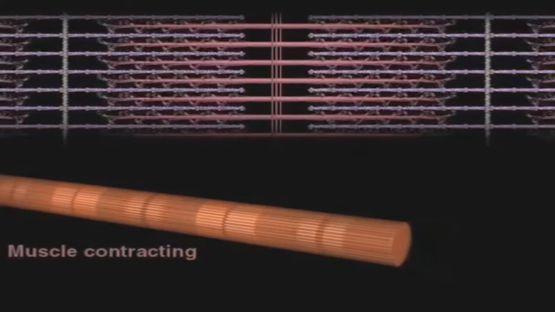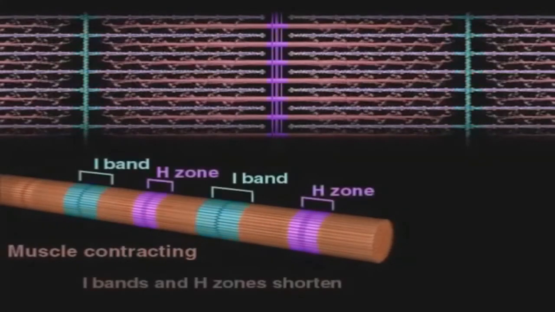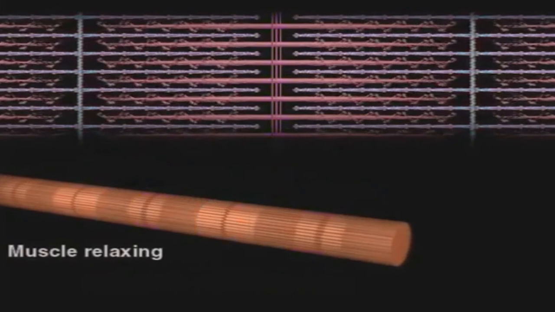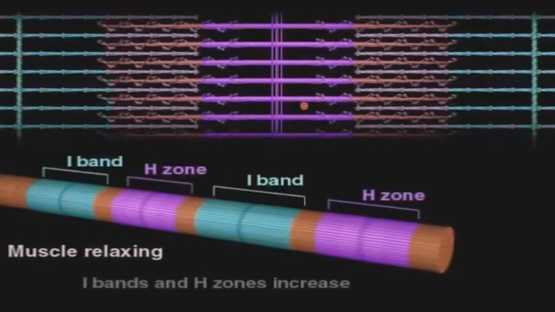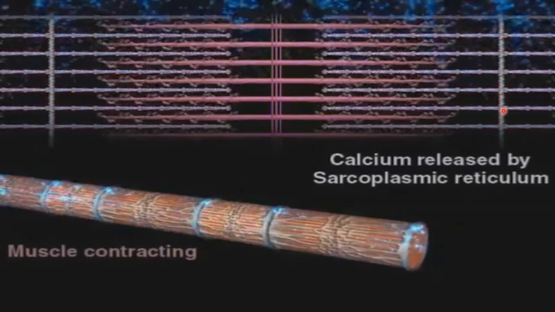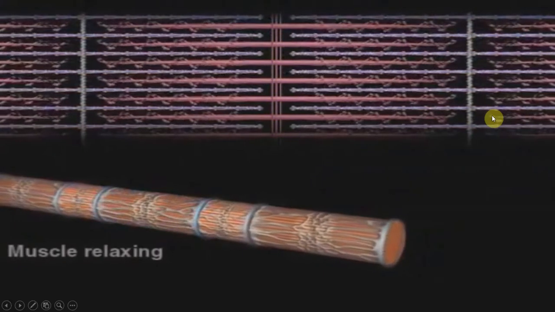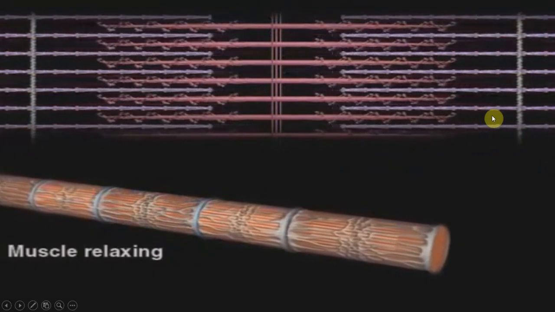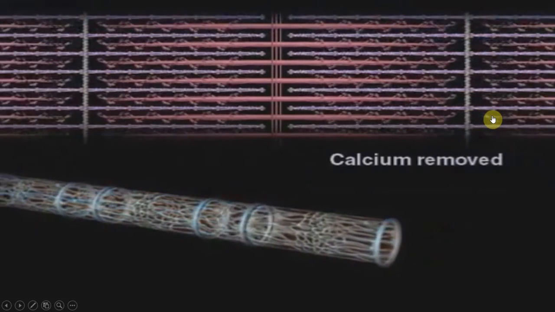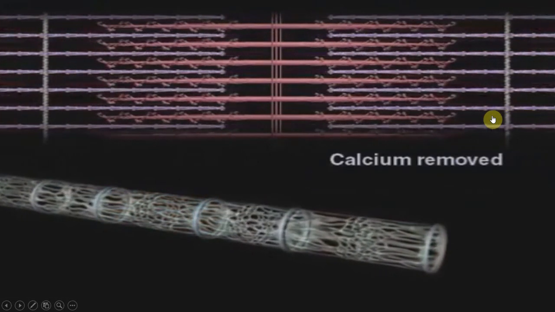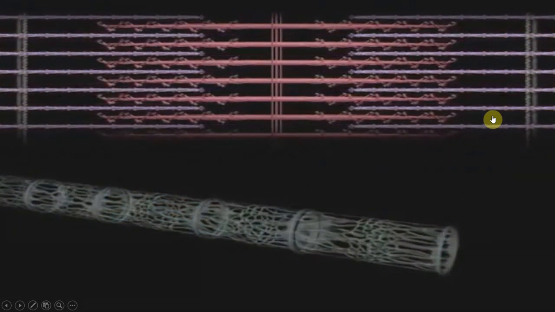So this is how the muscle actually contracts, by the movement of actin and myosin. This central part is called actin, whereas this part is called myosin. There is a release of calcium, and due to that the myosin pulls the actin. When calcium is removed, they go away from each other.